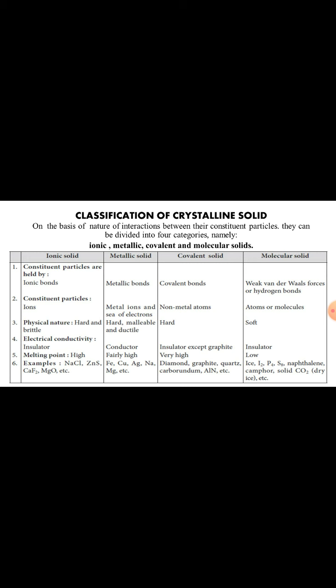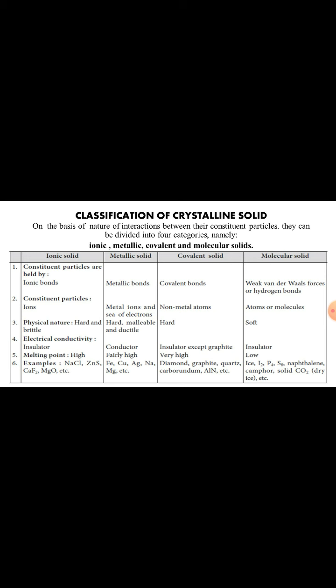Now lastly, molecular solid. As the name indicates, the solid is made up of molecules. So the constituent particles may be atoms in case of inert gases, or molecules.